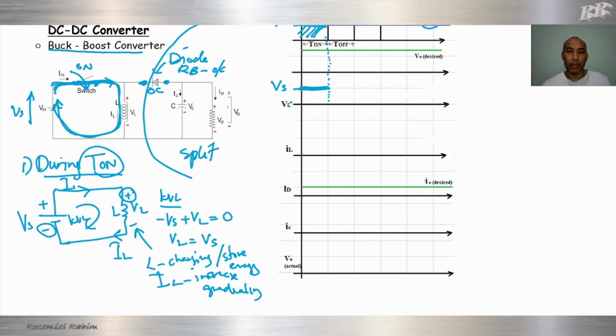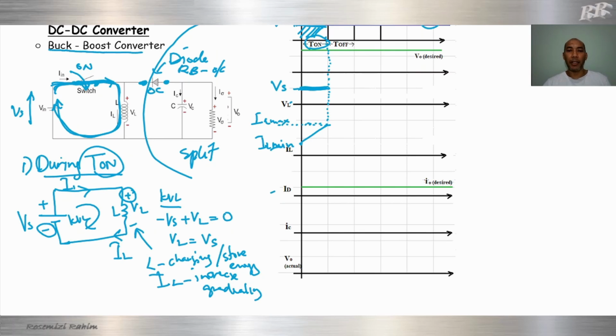Let's say this is our IL. It increases gradually. This part we call IL minimum, and this part we call IL maximum. It will charge up to this maximum during T on.